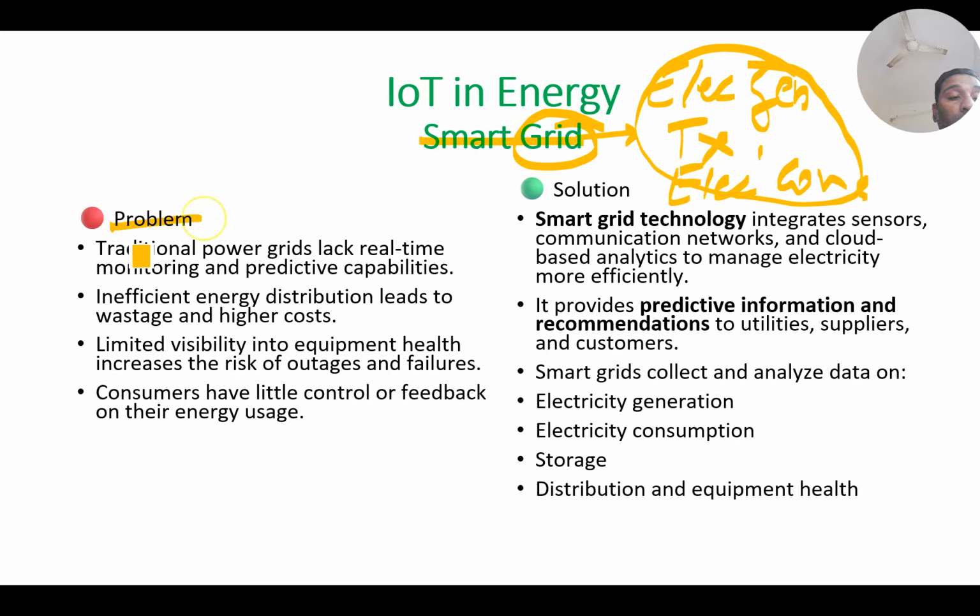Problem: traditional power grids lack real-time monitoring, which I already defined, and predictive capabilities. I cannot make any future guesses or forecasting. Inefficient energy distribution leads to wastage and higher costs, because most of the time we use non-renewable sources of energy such as coal.